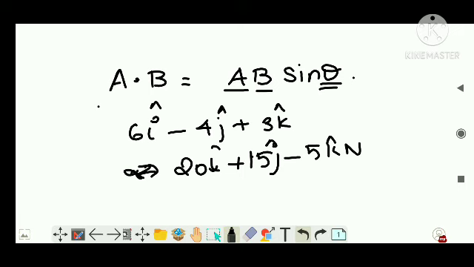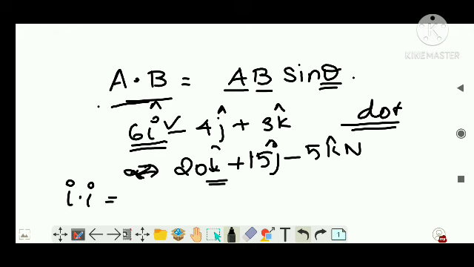While you are doing dot product, make sure you can only find the product of like terms. I can be multiplied with i only. When you are doing dot product of two vectors, only i can be multiplied with i. See, i dot i is 1, similarly j dot j is 1, and k dot k is 1.